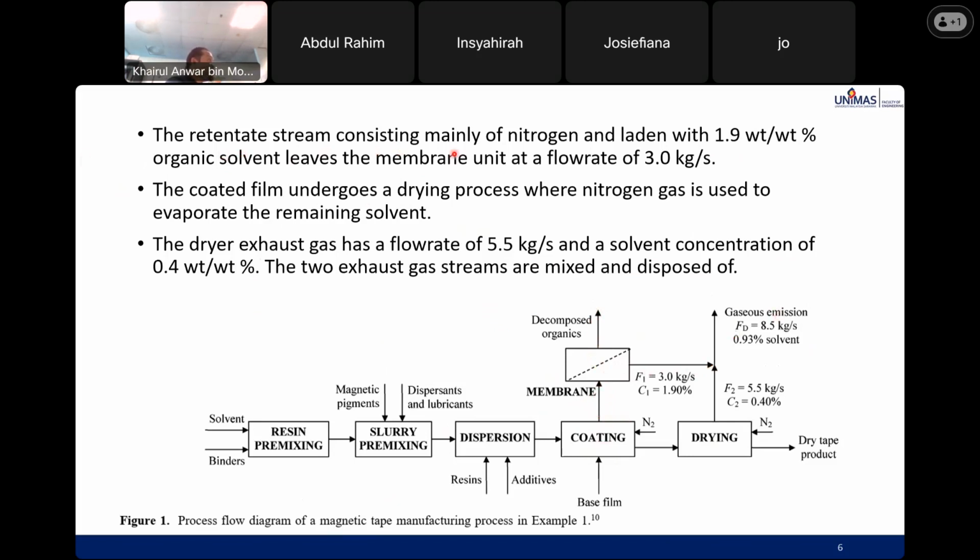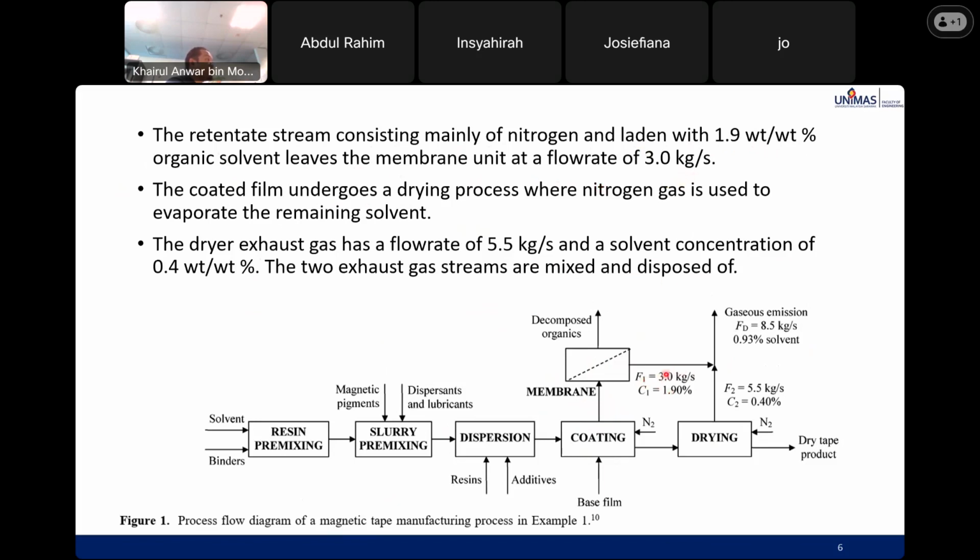The retentate stream, consisting mainly of nitrogen and laden with 1.98 wt% organic solvent, leaves the membrane unit at 3 kg/s.